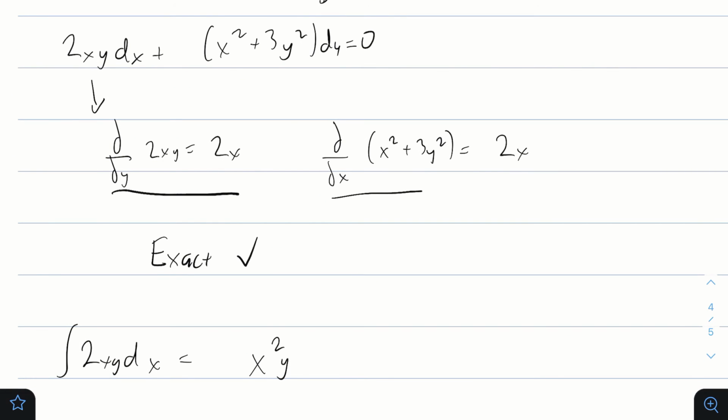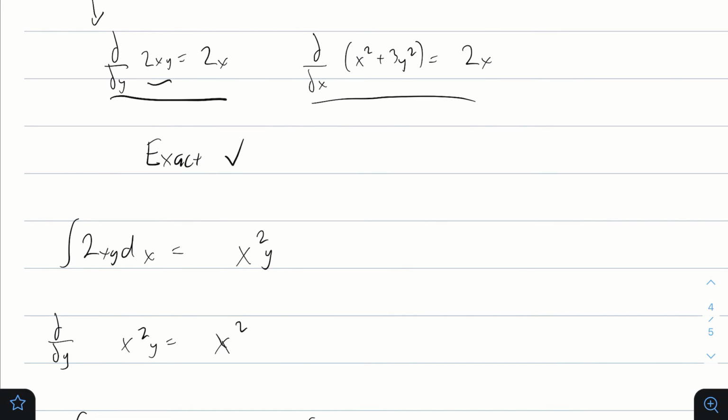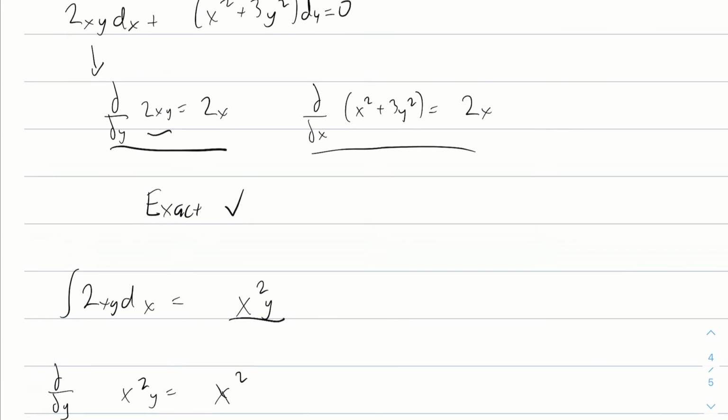And we do the exactness check here. We get 2x when we do the partial derivative with respect to y on this one, and we get 2x when we do the partial derivative with respect to x on that one. So it's exact.